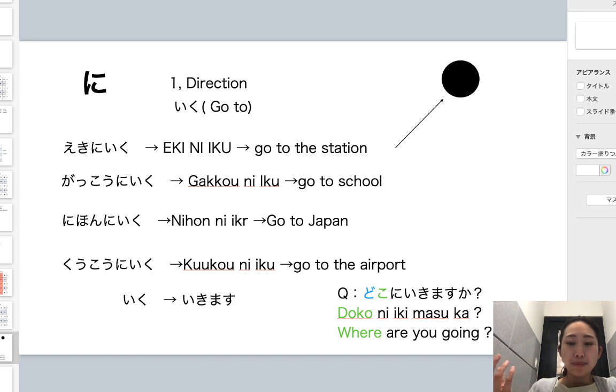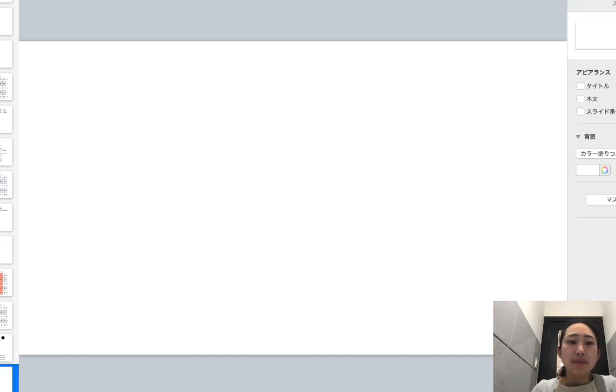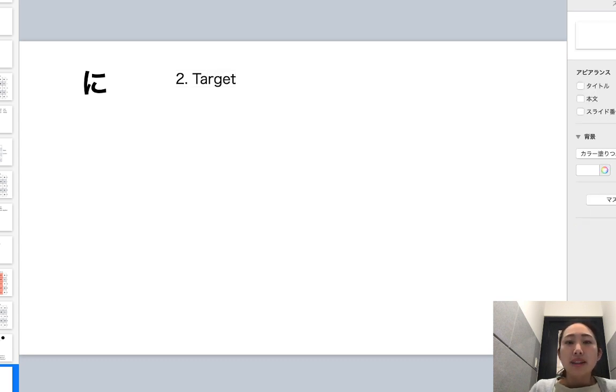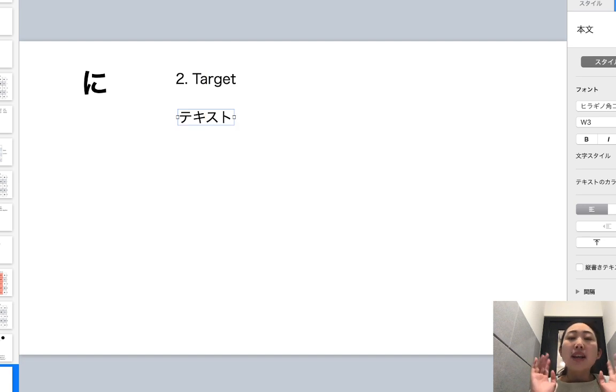Let me show you some examples. So, ni. And the verbs which we use a lot with this usage of ni will be ageru.